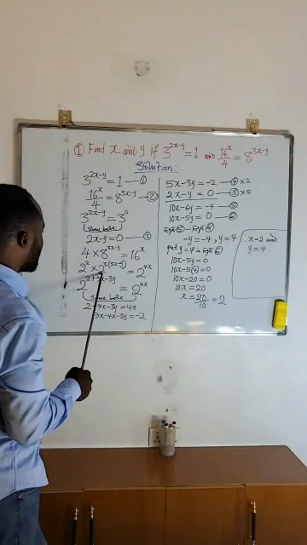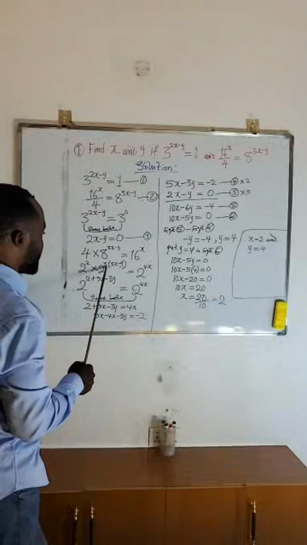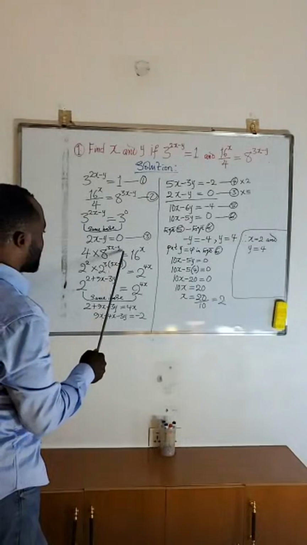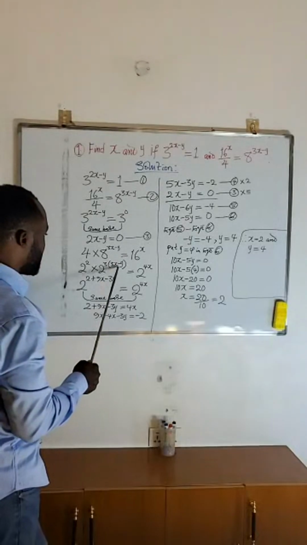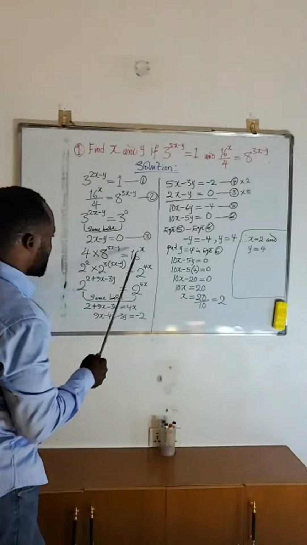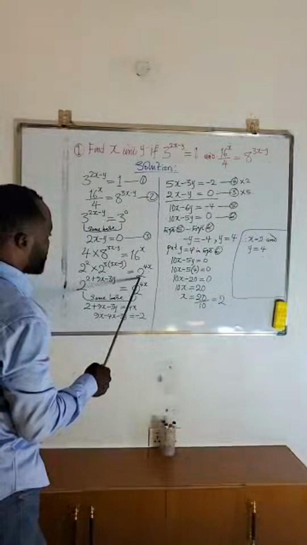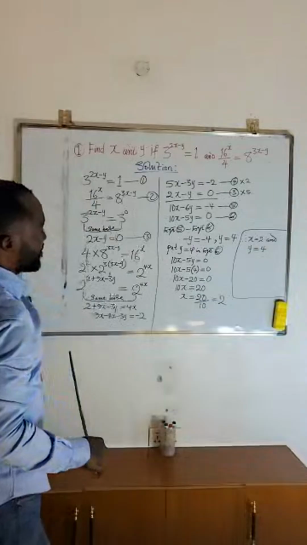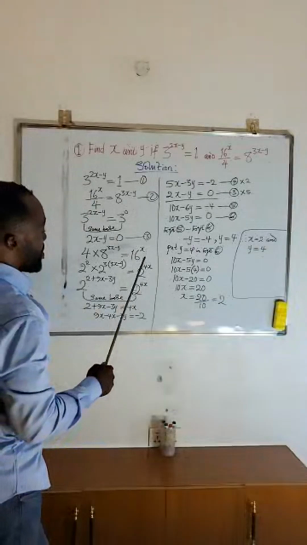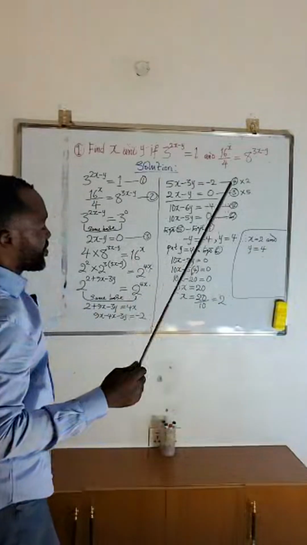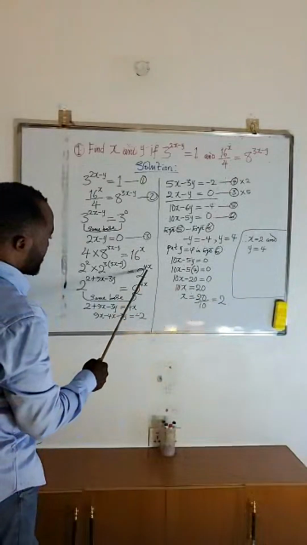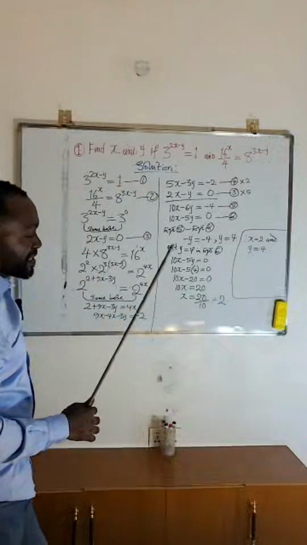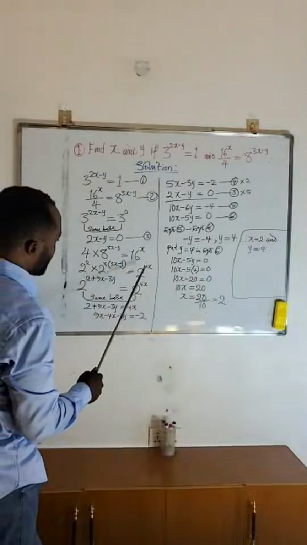And then 8 is the same thing as 2 raised to the power of 3. Remember, 8 already has a power, so this one will multiply into this one. And then 16 is the same thing as 2 raised to the power of 4. Since 16 already has a power, this 4 will multiply into that power to make it 4x.